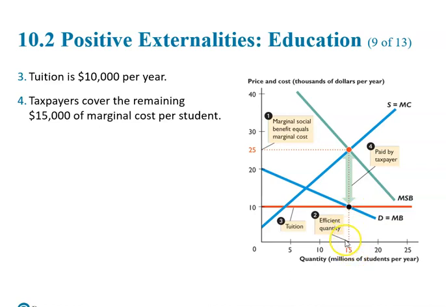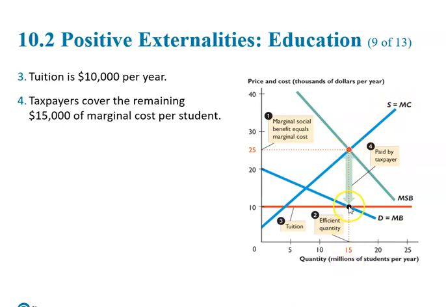And why do they want 15 million students to get enrolled? Because that will correspond to the right quantity which will take us to our efficient outcome where the marginal cost will be equal to the marginal social benefit.